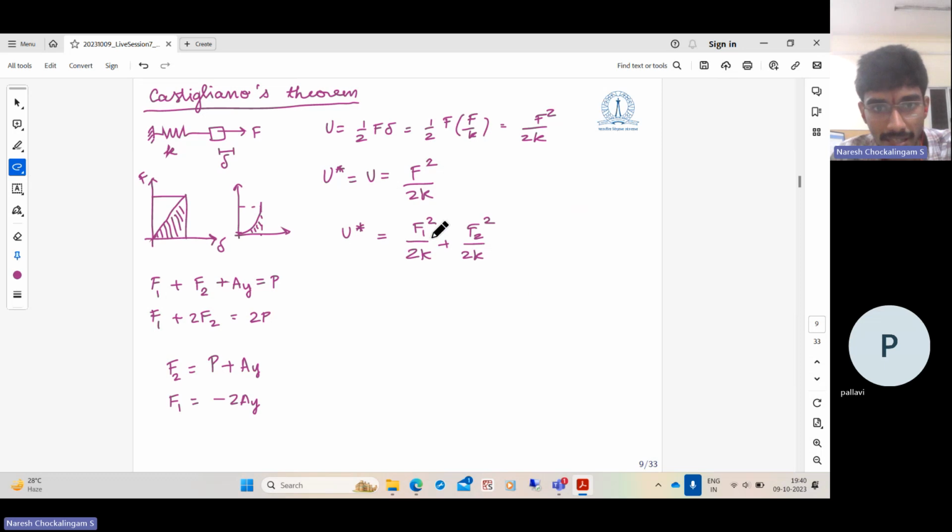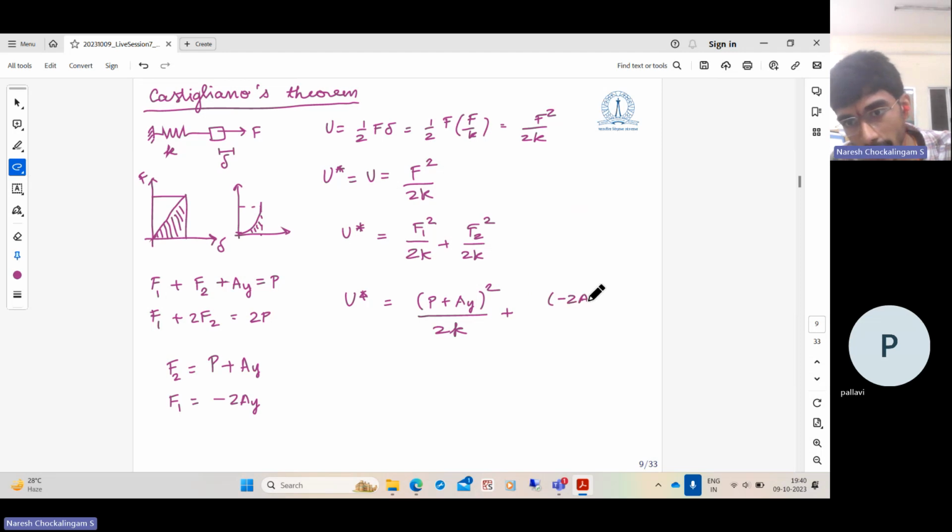Now substitute this expression into the complementary strain energy. So U star is equal to (P plus Ay) whole square by 2k plus (minus 2Ay) the whole square by 2k. Now what do we know? If we want to find the displacement, we know the displacement at the point A is equal to 0.